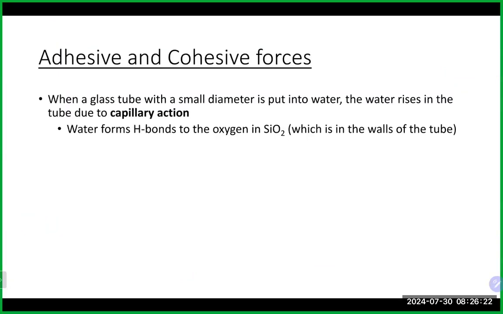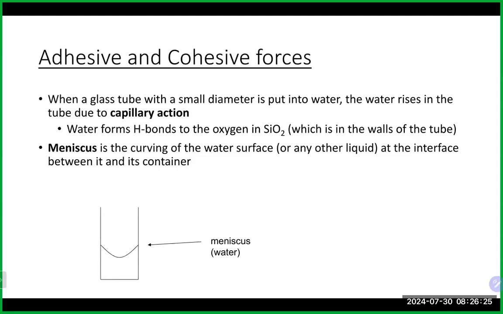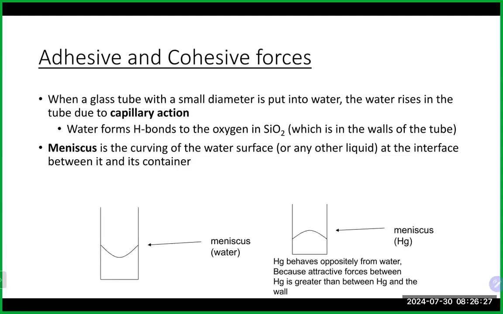So adhesive and cohesive forces, again, are really important for other things like we talked about. It is really why we see a meniscus, and that's through, for example, capillary action. If you have a small diameter, it will suck up a liquid due to that.